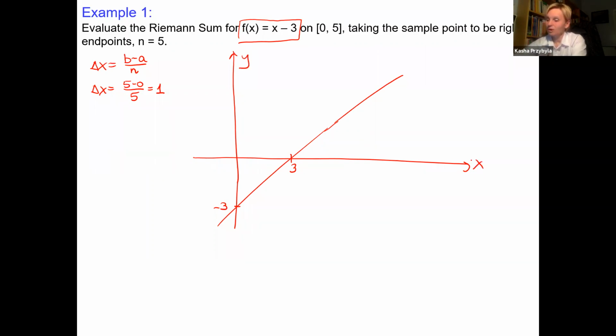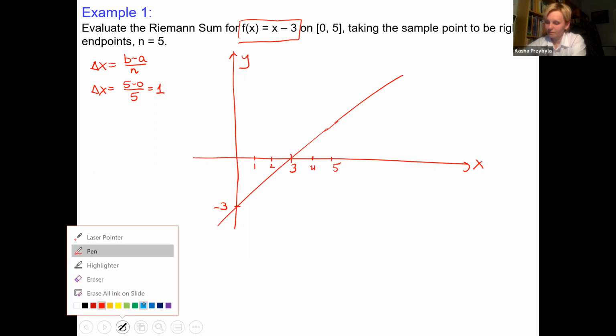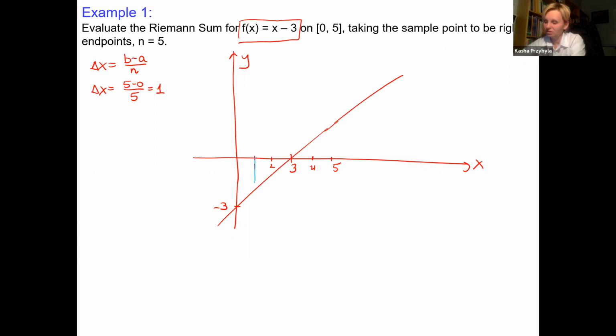Now I can go by 1. That means I will have 1, 2, 3, 4, and 5, and I will divide it into 5 subintervals.